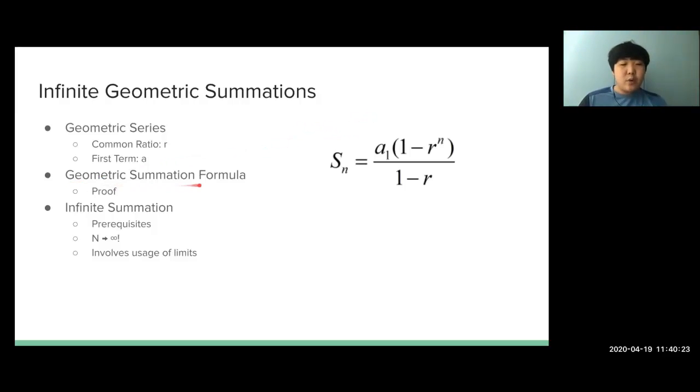And now we look at the geometric summation formula. Originally, we were going to prove this, but again, the internet format is a little bit restrictive when it comes to how much we can actually prove.